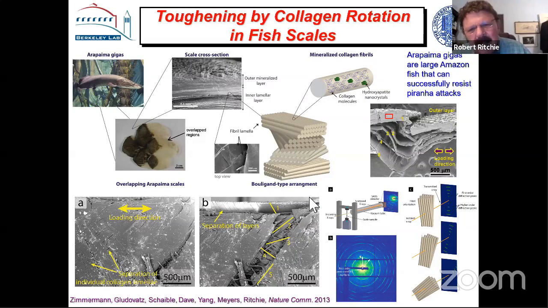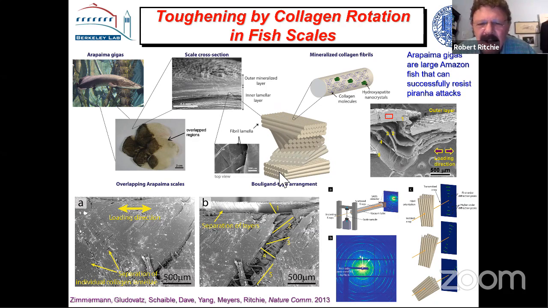A lot of natural structures, and certainly Arapaima are one of them, have this Bouligand structure of the collagen. This is a spiral staircase. It's like a Liberace spiral staircase. The angular changes of these structures are not perfect, but it's this sort of spiral structure.